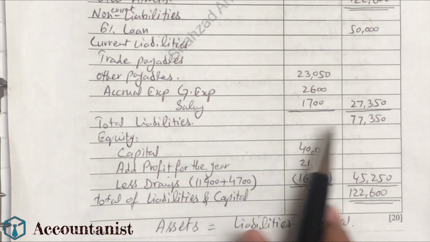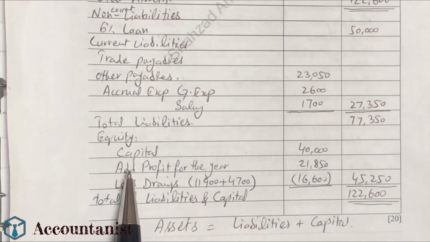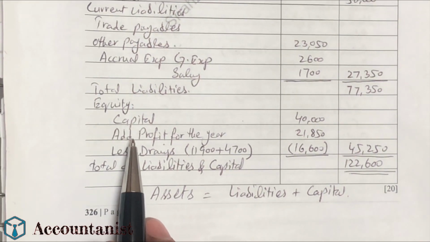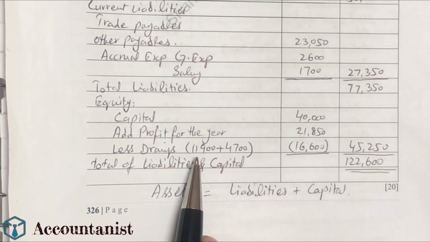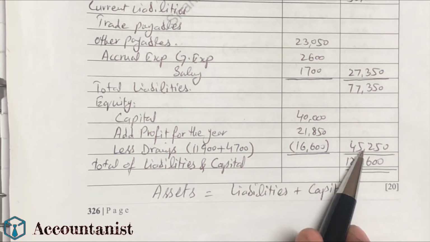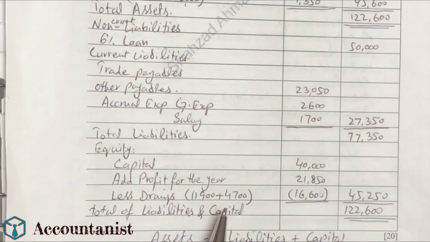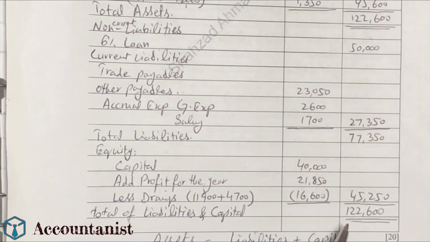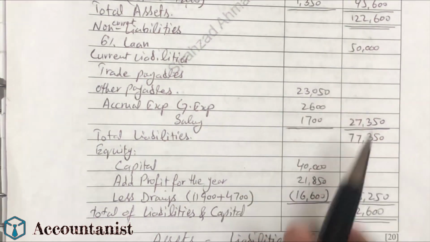So the total liabilities, obviously by adding non-current and current liabilities, and then we have the equity section in which we will write down capital plus profit for the year less drawings, and which must be equal with the total assets, and this total liabilities plus equity. The balance should be equal.